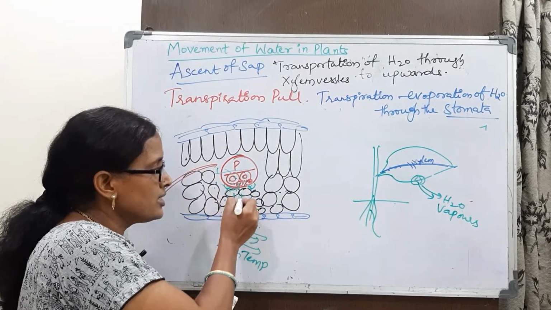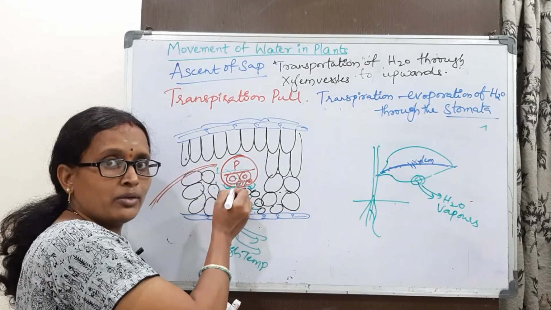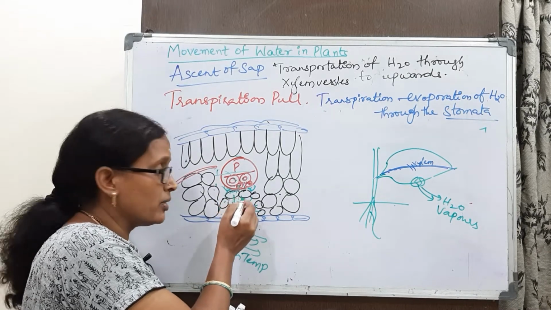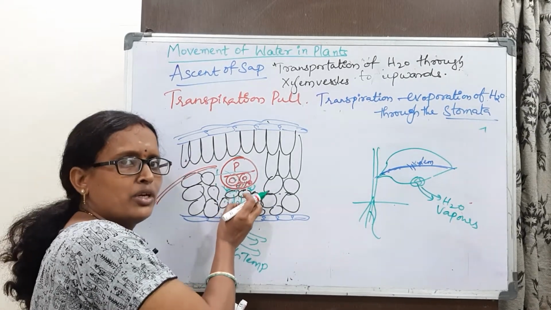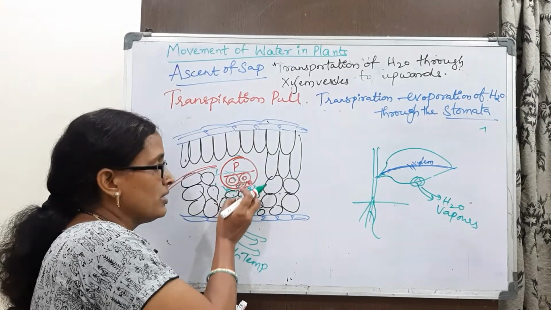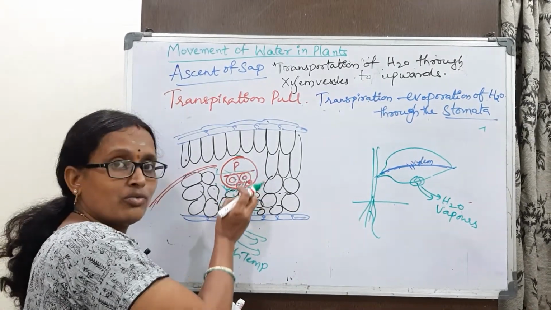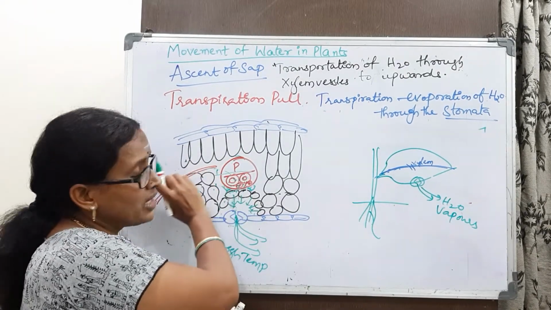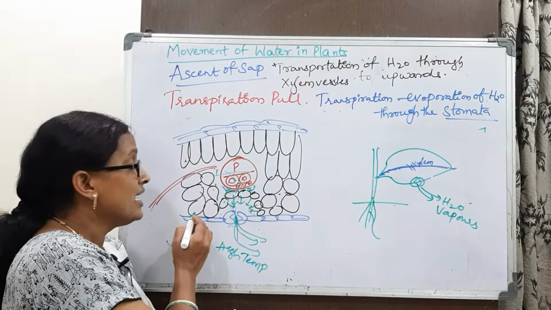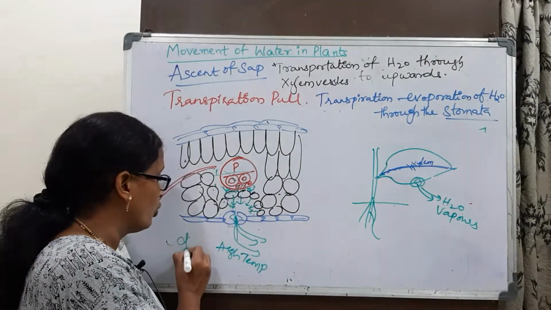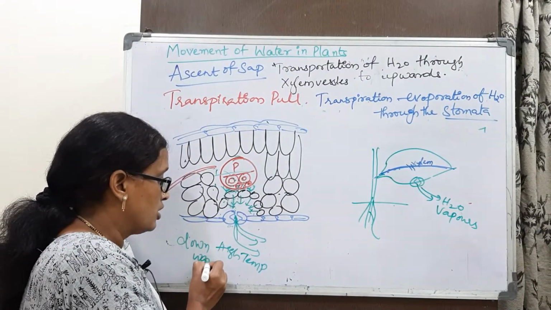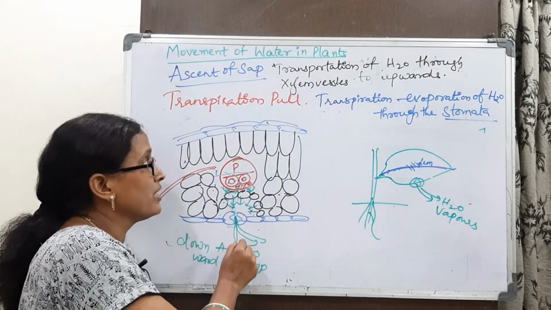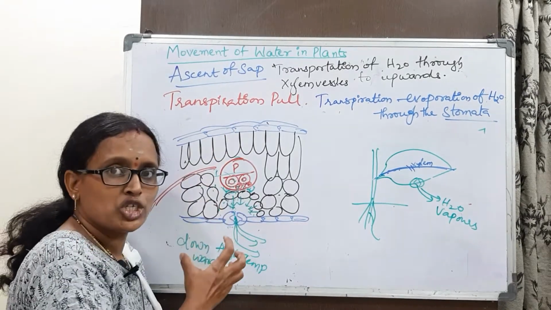Like that, water is being lost. Water already has properties: due to attraction between similar molecules, the cohesion property, the diffusion pressure is decreased. So they take water from the xylem, and the xylem again pulls water from the next molecule. Like that, tension is created downwards. That downward tension which is created by transpiration is called transpiration pull.